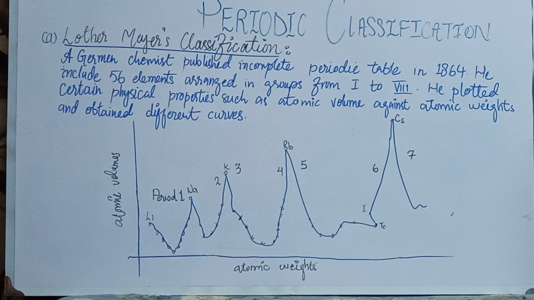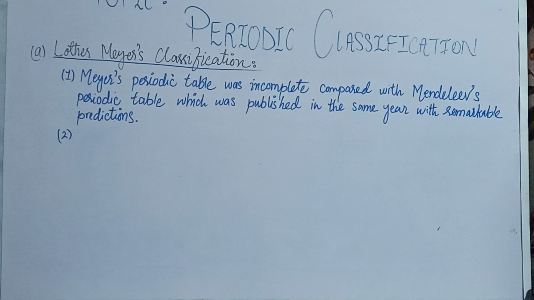Lothar Meyer's classification couldn't receive proper attention. There may be two reasons for this. Let's discuss them. It was incomplete as compared with Mendeleev's periodic table, which was published in the same year with remarkable predictions of discoveries of certain elements.